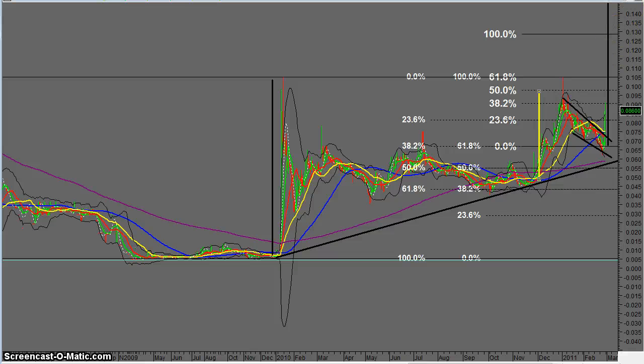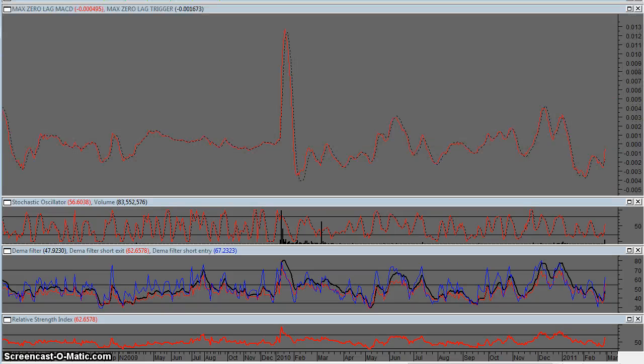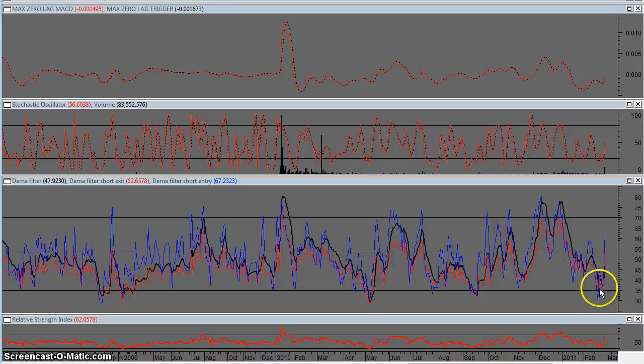If we just have a look at the indicators for the stock, we can see our MACD has definitely turned, and it's a buy, is what we'd be expecting. Our SCOF also, our volume is up massive on this one. Our DEMA has bounced off the 35, so this DEMA can run to 70 conservatively.